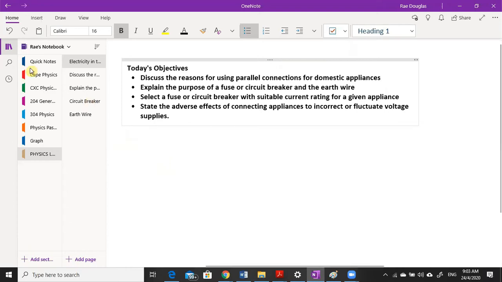All right. So now the first objective is talking about parallel connections. I think last class we made mention of a few reasons why we would want to connect our appliances in parallel.